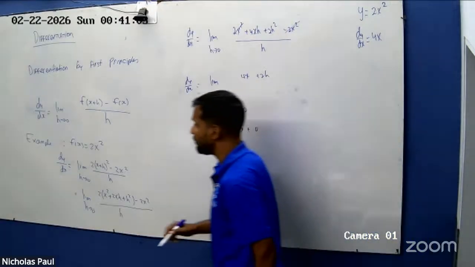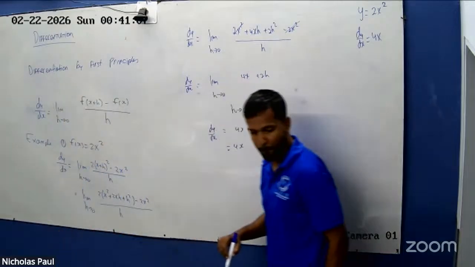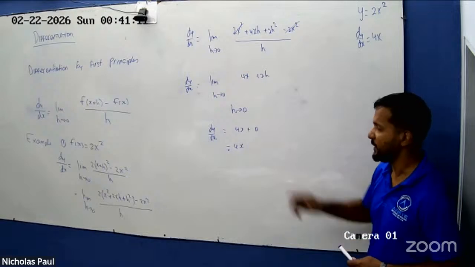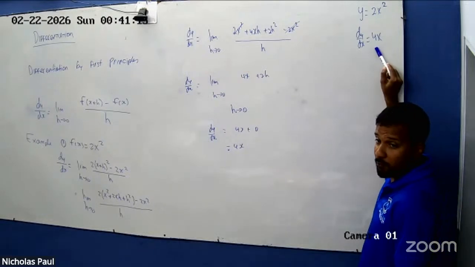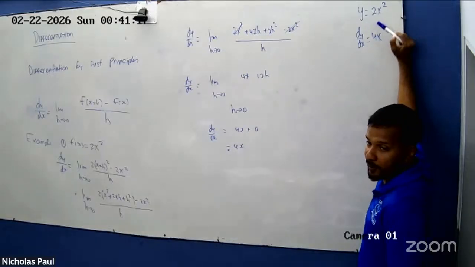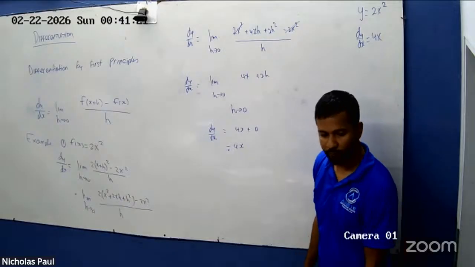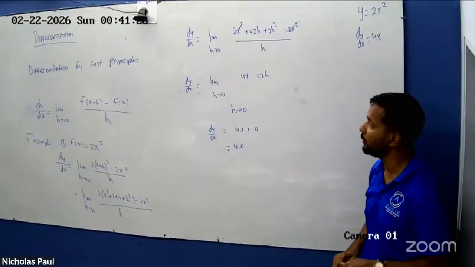Copy it down. It's just to show you where it comes from. Where this came from is by using limits in between. Copy it down.